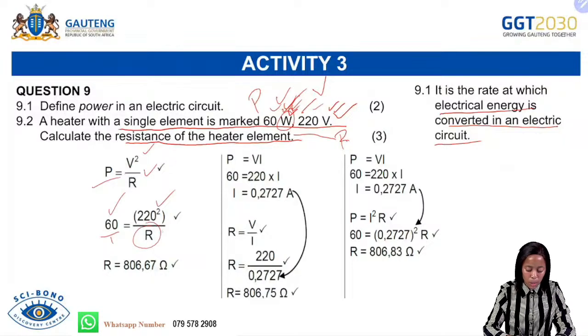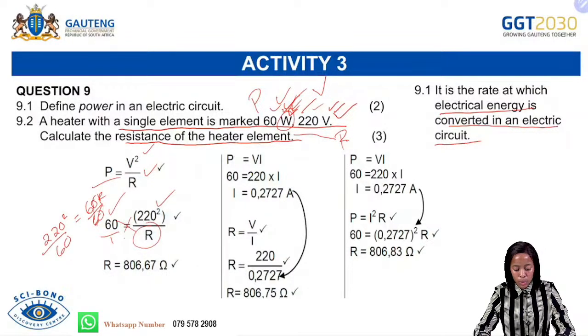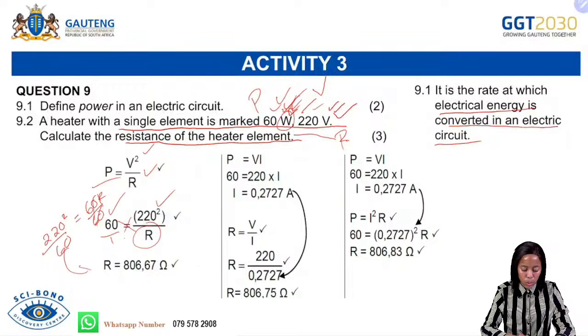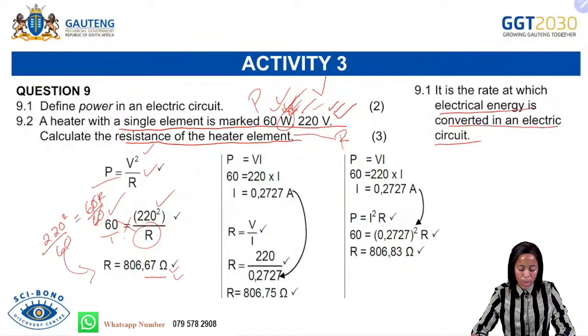So how are you going to find R? You are going to cross multiply, so that you have 220 squared multiplied by 1 and 60 multiplied by R. Then divide both sides by 60, and for your R you will have 220 squared divided by 60, which gives you an answer of 806,67 ohms.